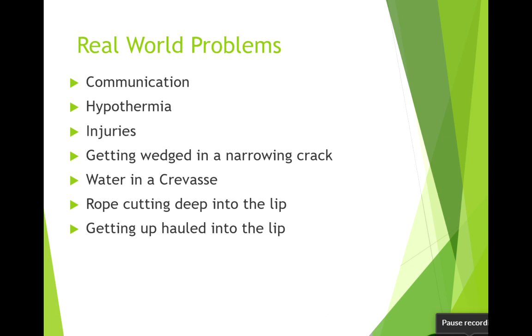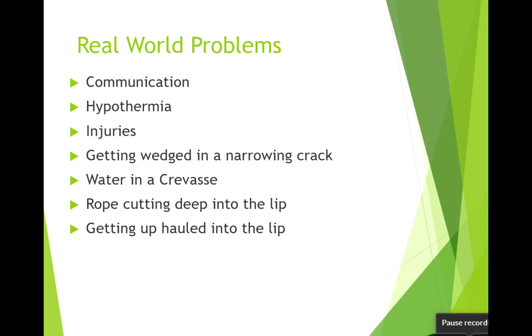Another thing that regularly happens is the rope cuts pretty deeply into the lip, and so sometimes what people need realistically is a well-padded, well-prepped lip and a second rope thrown down to them, or a different part of the rope. So keep that in mind, that sometimes it's virtually impossible to haul someone through the lip of a crevasse, or to ascend or self-rescue yourself through that lip of that crevasse.